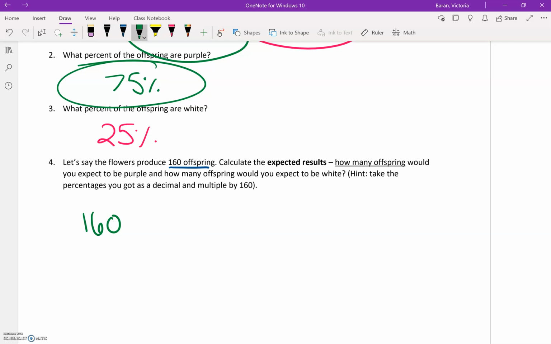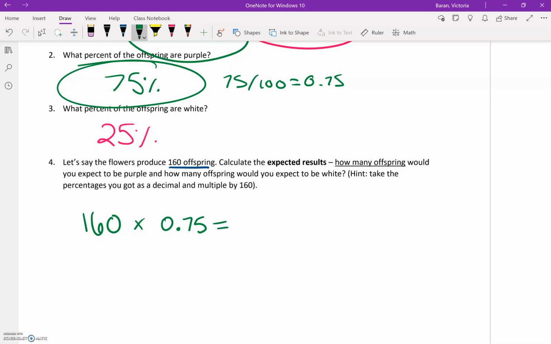According to my Punnett square results, 75% we expect to be purple. So we're going to multiply 160 by 75%, in decimal form, okay? 75%, if we were to write that as a decimal, is 0.75. That's very easy. You could just take 75 and divide it by 100, move the decimal over 2 places, whatever, okay?